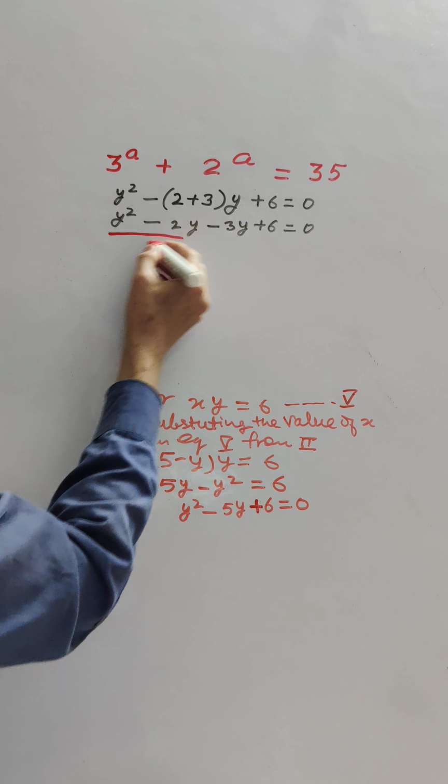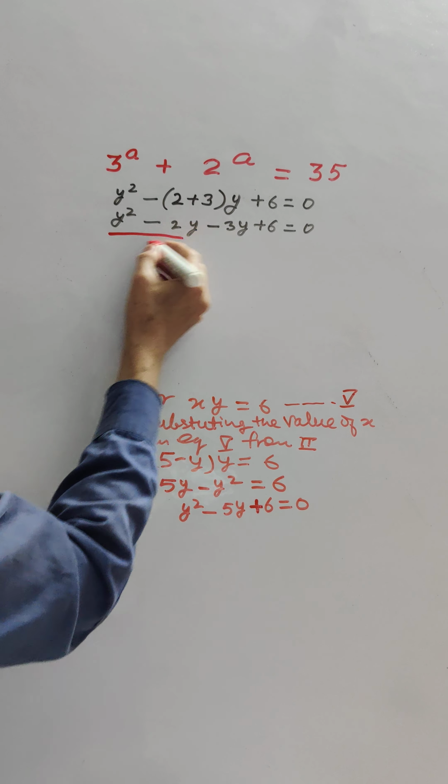Now we may substitute the value of y from here in equation number 5 to get the value of x. Substituting the value of y in equation 5, we shall get two values of x.